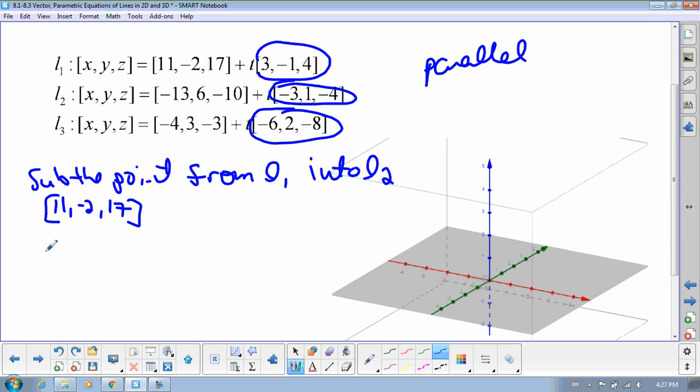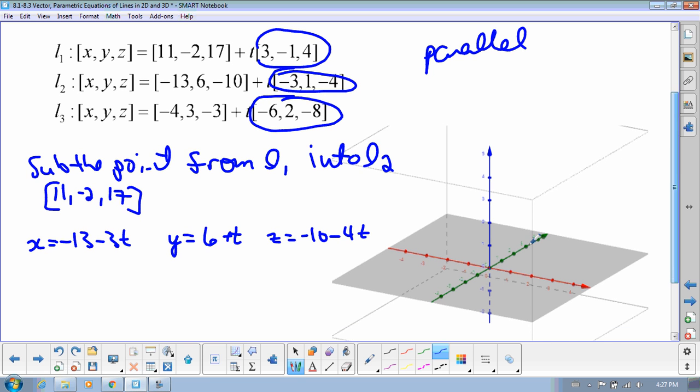And from L2, I'm going to use the parametric equations. So I have x equals negative 13 minus 3t, y equals 6 minus t, or sorry, it'll be plus t, and then z is going to equal negative 10 minus 4t. So if it's the same line, this point has to be on it.